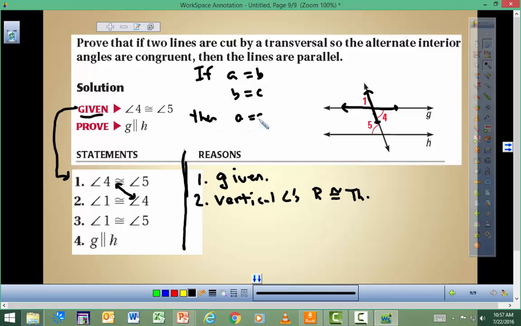A is equal to C. That is the setup we have. This part here would be your B, and that means that's your A and your C right here. So what we could say is that angles 1 and 5 are congruent. That setup is common. We've seen it lots of times now. Hopefully you remember it now. It's called the transitive property.